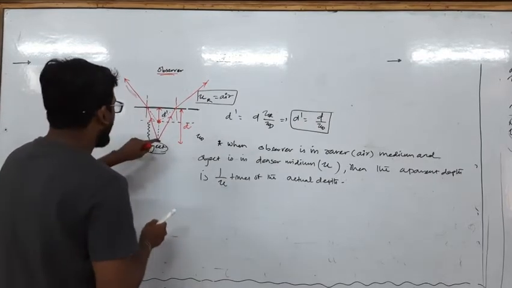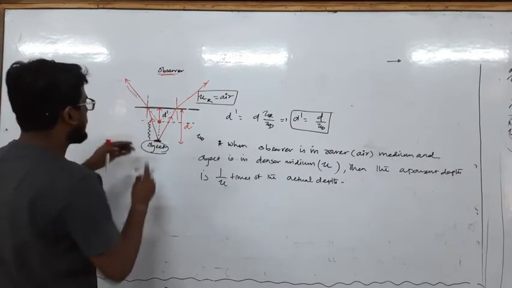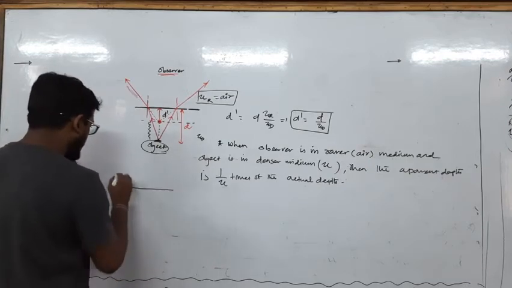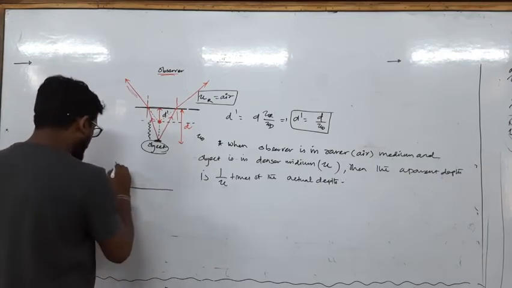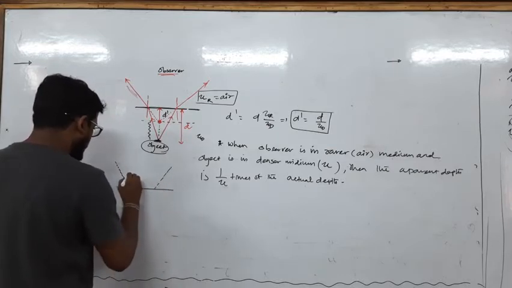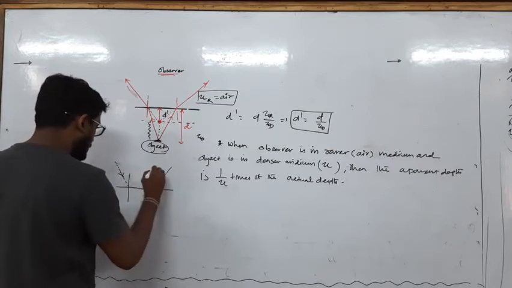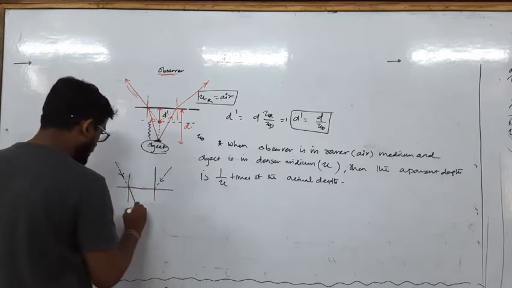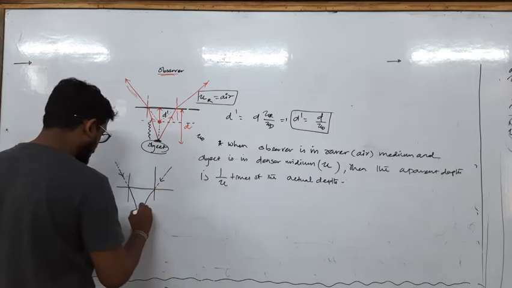Here the object is here, a real object. If the object is virtual, this also happens like this. If light rays are coming like this, it will seem like the object is here.